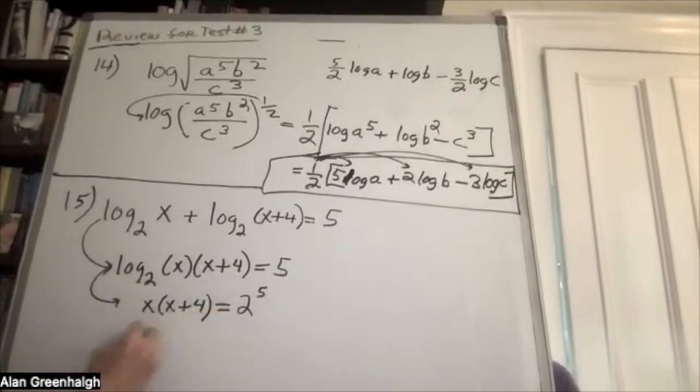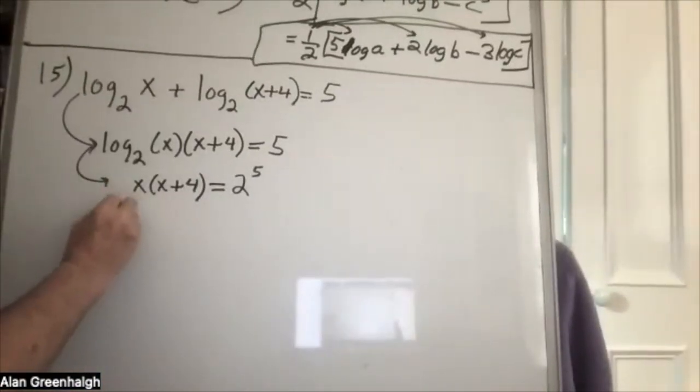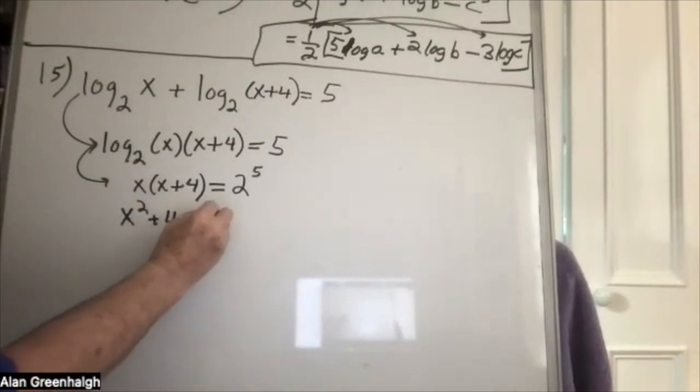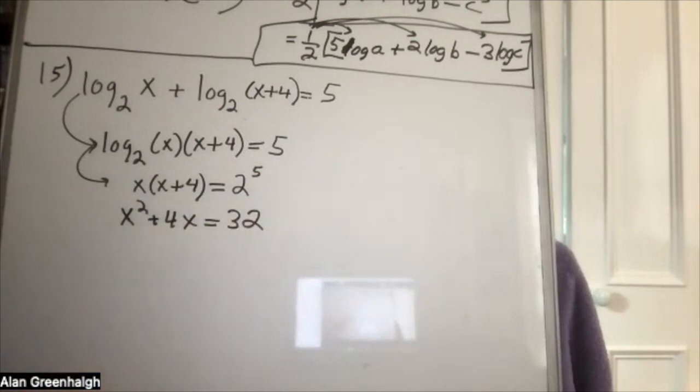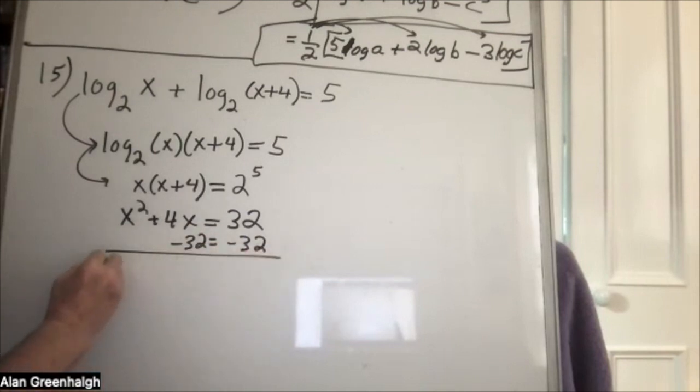You wind up with x squared plus 4x is equal to 32, and then bring over the 32. You can see it's a quadratic equation.